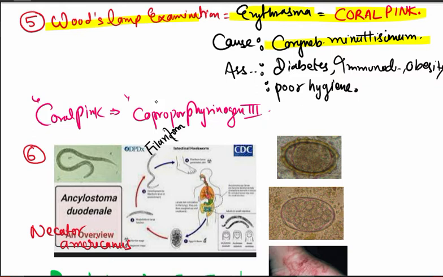It is associated with diabetes, immunodeficiency conditions, obesity, and poor hygiene. So Wood's lamp examination of erythrasma will show coral pink, and this pinkish appearance is due to the presence of coproporphyrinogen 3.